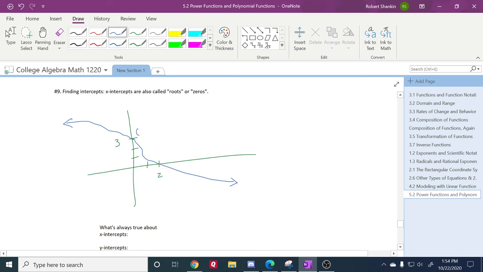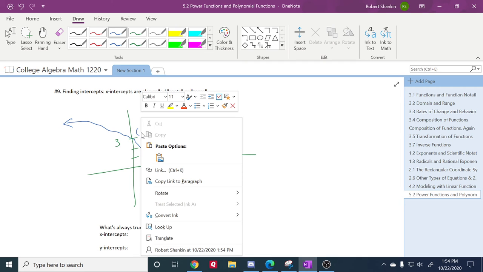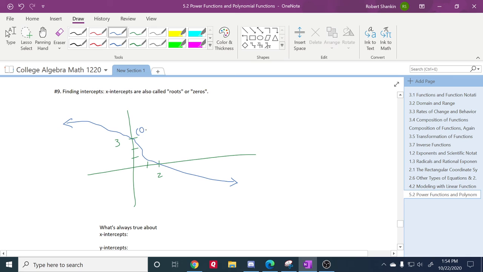We can write its coordinates. It's 0 over, 3 up. That's the y-intercept, because it's where it hits the y-axis. And this 2 over, 0 up is the x-intercept.